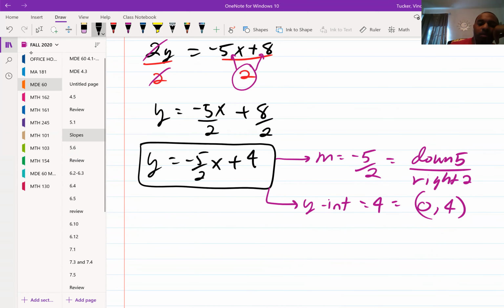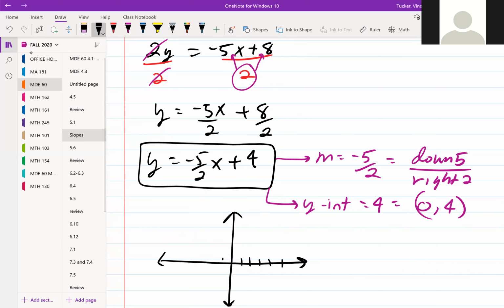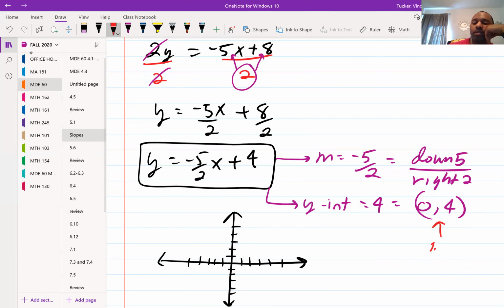So we need to do a few more of these. Let's use that to graph. Remember, don't forget you graph that first. So that's going to be 0, 4.